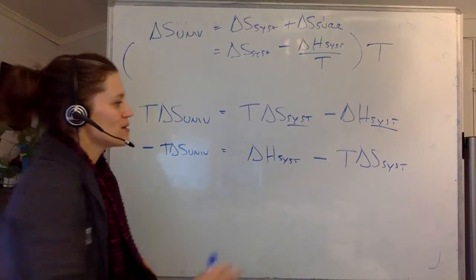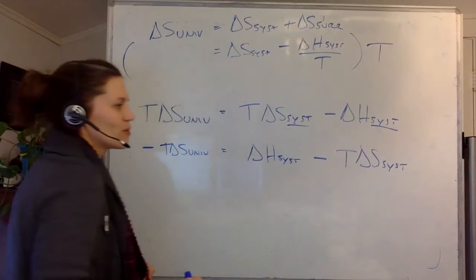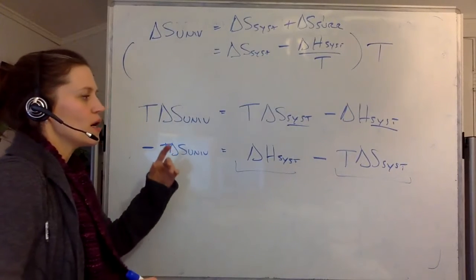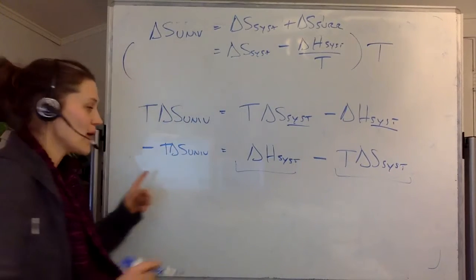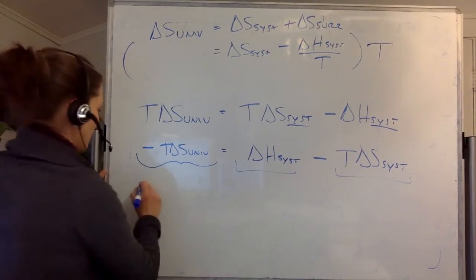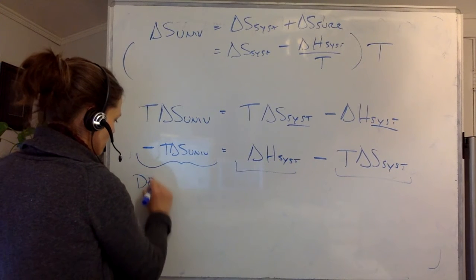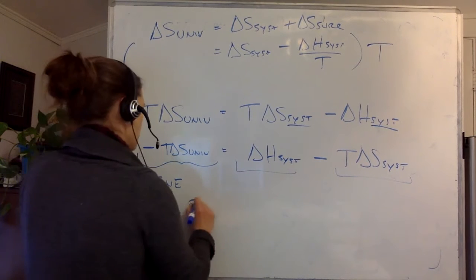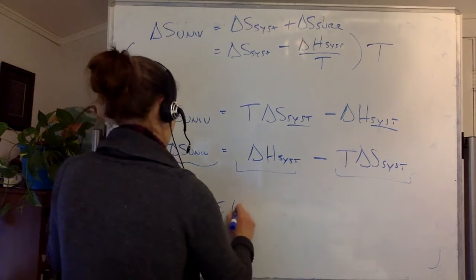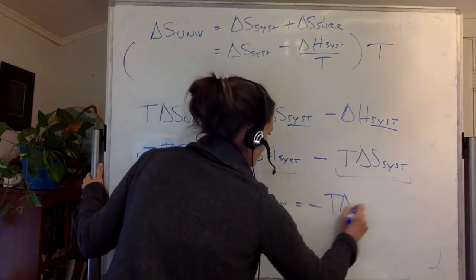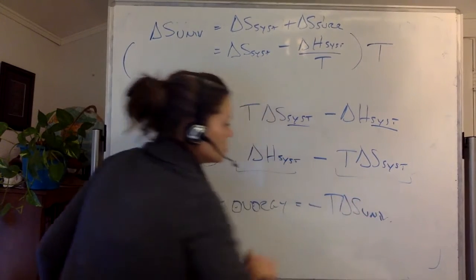So now here I've got two thermodynamic potentials, this one and this one, representing my system. I now have this criterion where I can say that I'm going to define the Gibbs free energy equals minus T delta S of my universe.